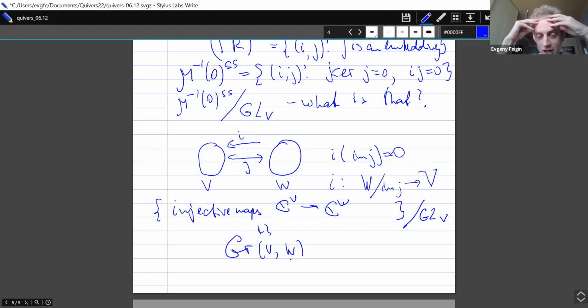So you consider injective maps, so there should be no kernel, but after that you quotient by the action of GLV, since you don't care about the actual basis of your space.